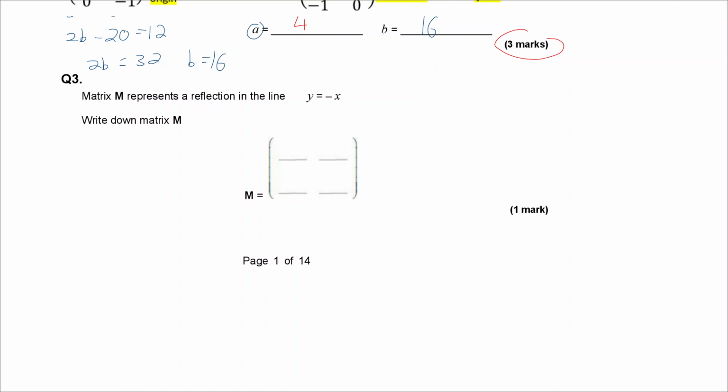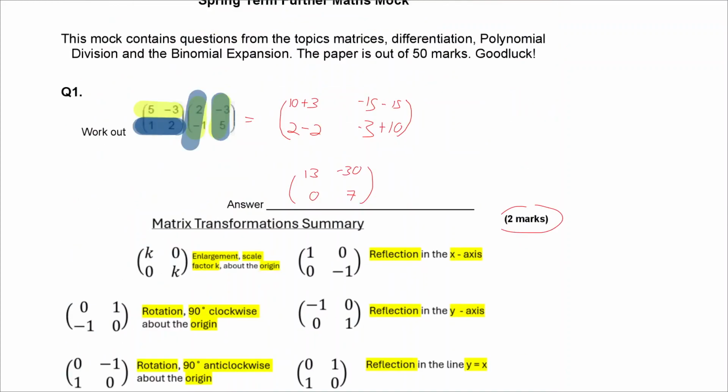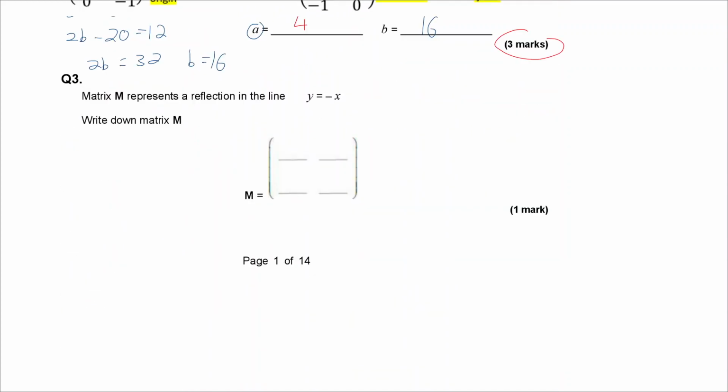Oh, it's not seeming to appear there. Let's try again. No, that's not what I want. Sorry, guys. That's weird. Why can't I get that on screen? Just give me 1 second, guys. I want to get the matrix transformations on screen, just so it would make it a little bit clearer for you guys.